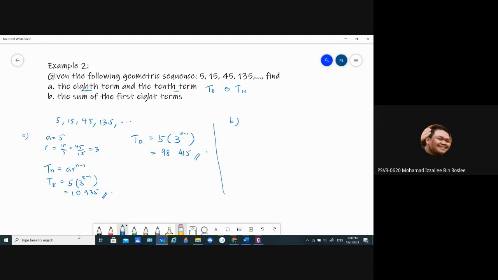Now part B. The sum of the first 8 terms. We already know T8, but we are going to use the formula Sn. Which formula do we use? The first formula or the second formula? Second one. Why the second one? R is greater than 1. Yes, good.